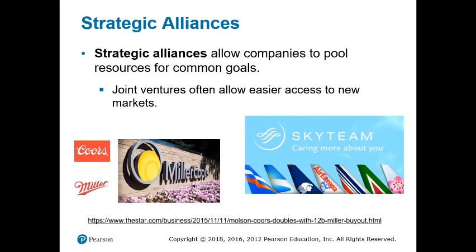And the purpose is to unite resources to go together and create synergies, economies of scale that will allow the two companies together to do more than if they could operate independently. We have some examples of strategic alliances and joint ventures here in this slide that you are looking at.